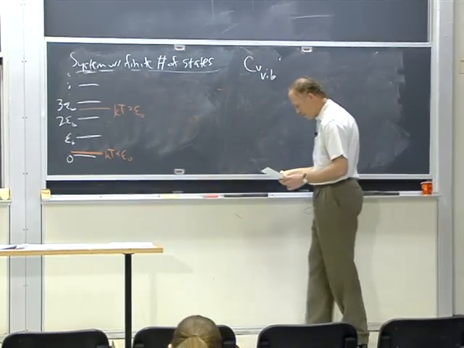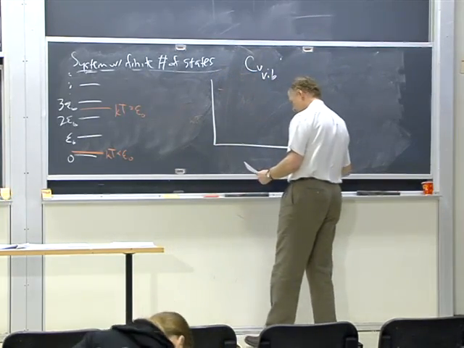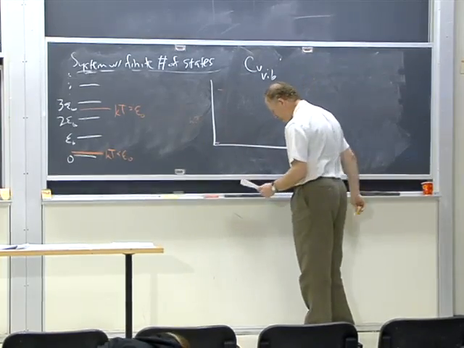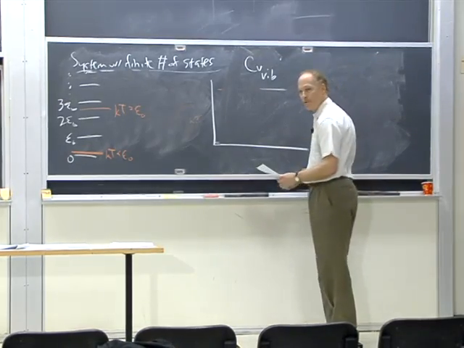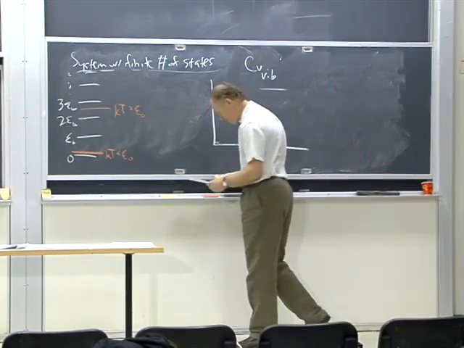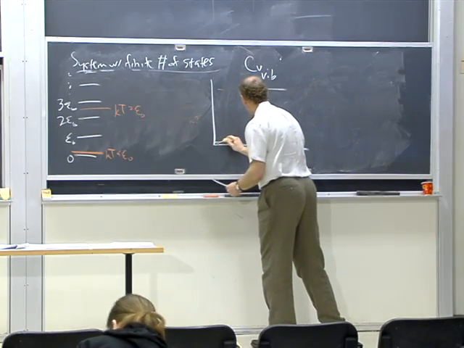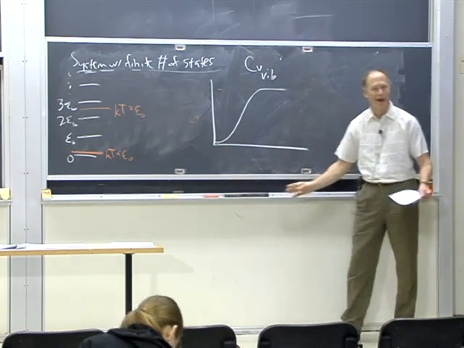And I'll write it as vibrational. So we know it's got to be 0 at the low temperature limit, and we know that it's this constant value in the high temperature limit. It's Nk. And in some way, it smoothly connects.